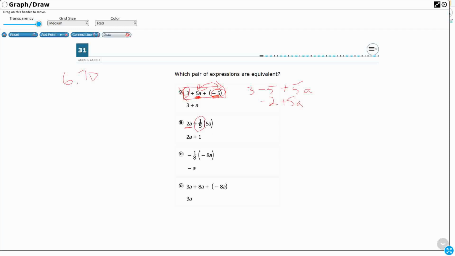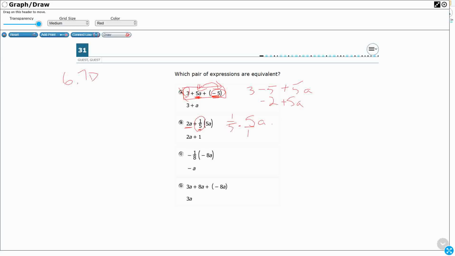So what you can do is multiply this 1/5 times the 5. All right, so let's see. 1/5 times the 5 times 5a. So we can just make this 5 over 1, so we could just multiply straight across.